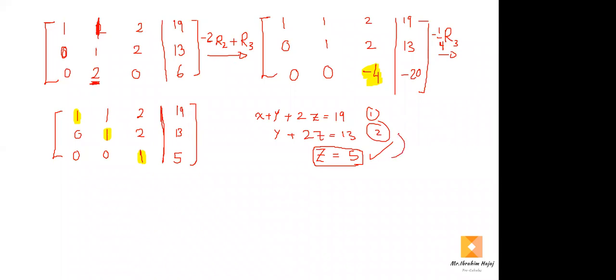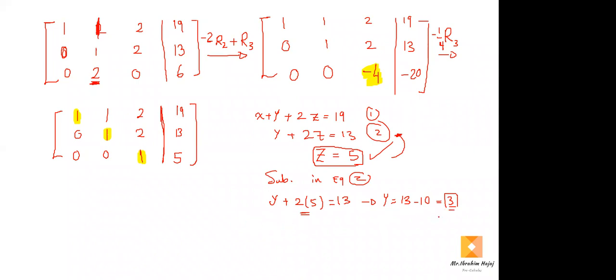From this fact, we can substitute in equation 2 to get the value of y. y plus 2 times 5 equals 13. Here is 10, and take it to the other side: 13 minus 10 gives 3. So what's the value of y? 3.